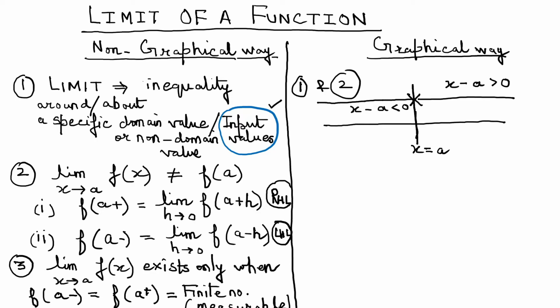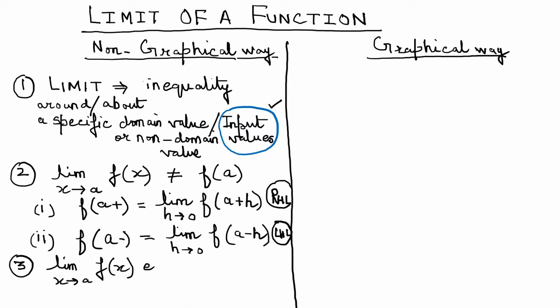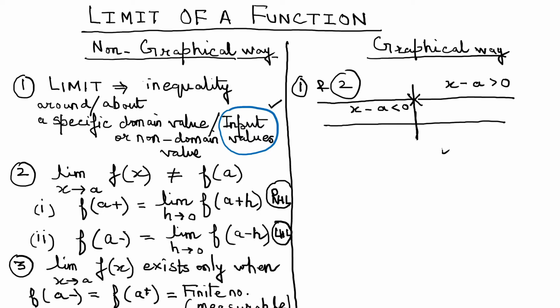And when you are talking about x is equal to a, in that case we can introduce one more fact here, which is that the line x is equal to a is nothing but when x minus a is equal to 0.